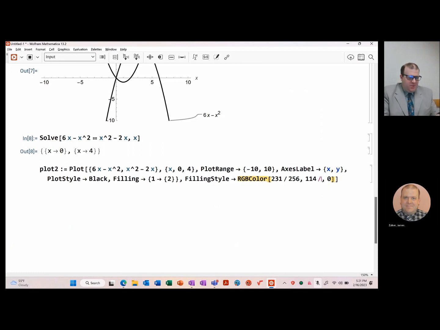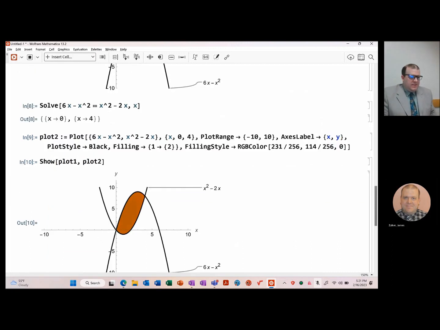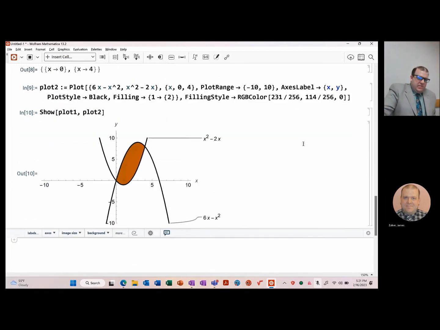Actually, I don't need to divide 0 by 256. Just leave it as 0. So there.